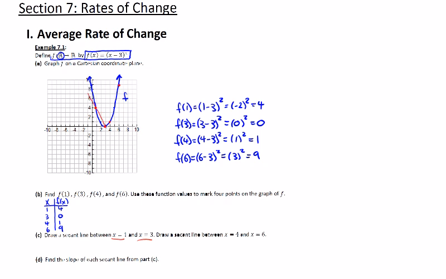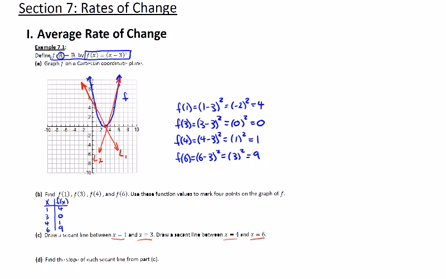Straight-ish, right there. I'm going to call that line 1, because I'm also asked to draw another secant line between x equals 4 and x equals 6. So I'm going to attempt to draw a straight line there as well, and I'll call that line 2.